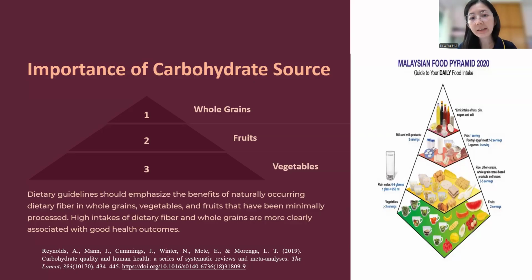Higher intakes of dietary fiber and whole grains are more clearly associated with good health outcomes than the measures of glycemic index and glycemic load. You can see our Malaysian food pyramid as a whole makes choices full of vegetables, fruits, and whole grain carbs.